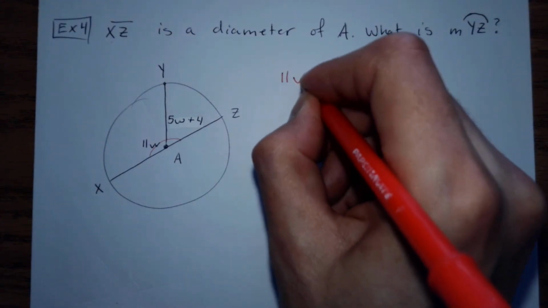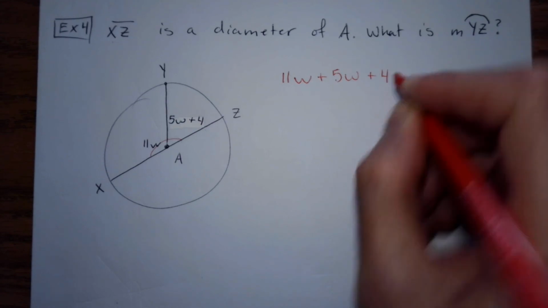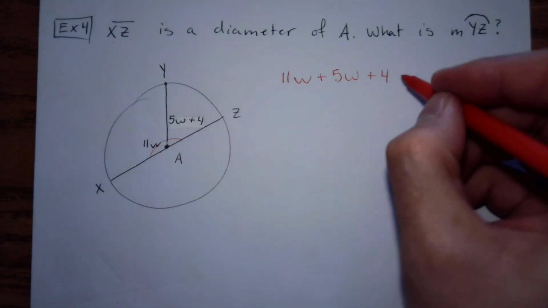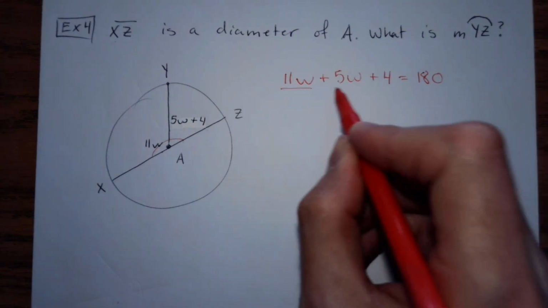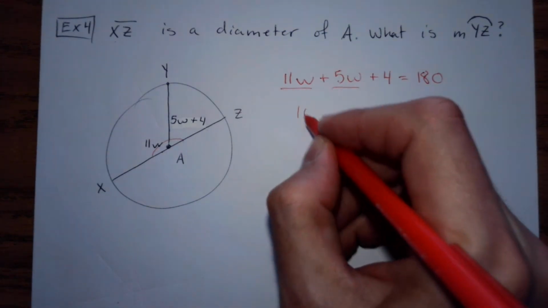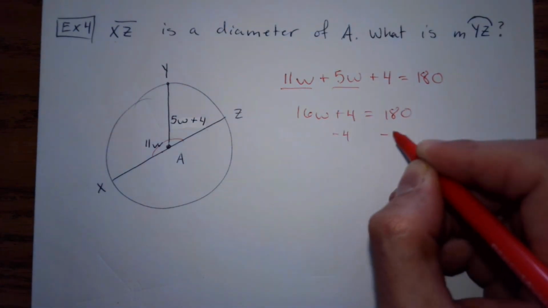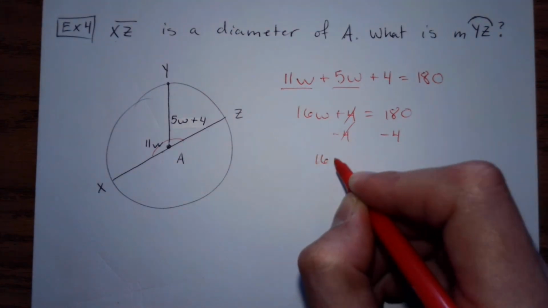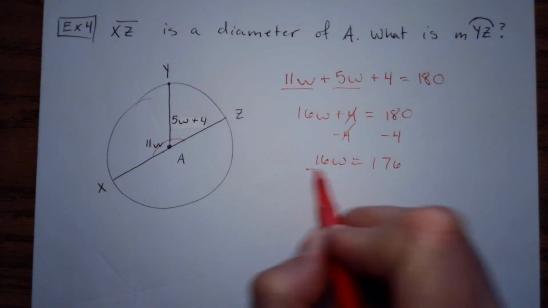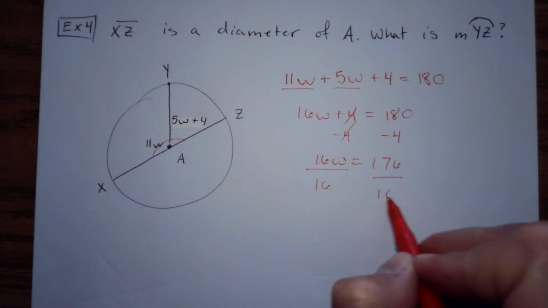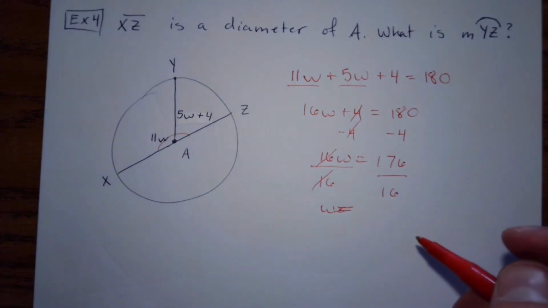So 11W plus 5W plus 4, those angles have to add up to 180. And then those are like terms, so you just combine them. 16W plus 4 equals 180, so 16W equals 180 minus 4, which is 176. Divide by 16. W equals 11.